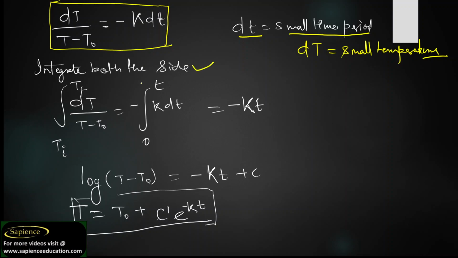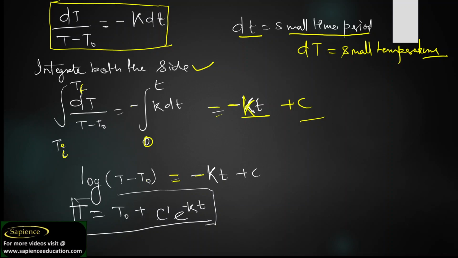Now if we integrate both sides, the temperature goes from the initial temperature Ti to the final temperature T, and time goes from 0 to t. So finally we get log (T minus T naught) is equal to minus K t plus C, where C is a constant.